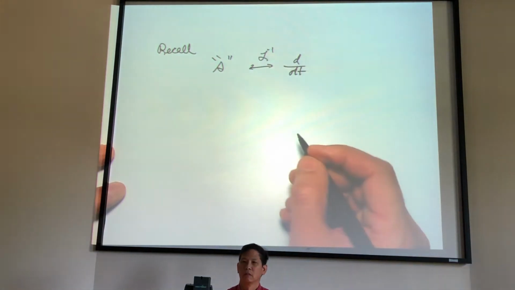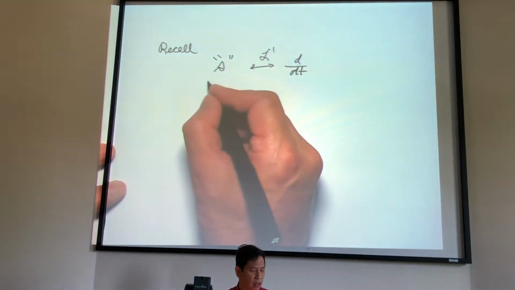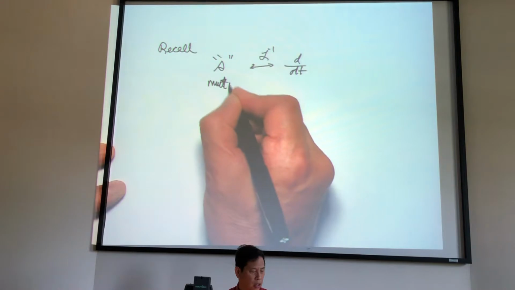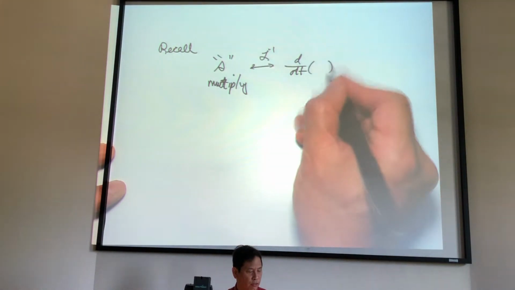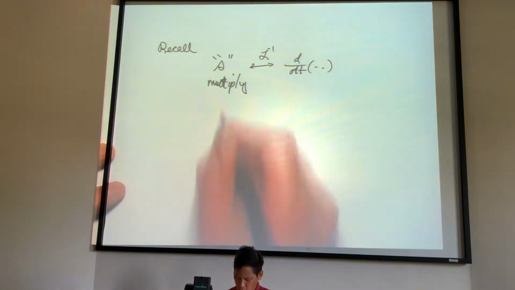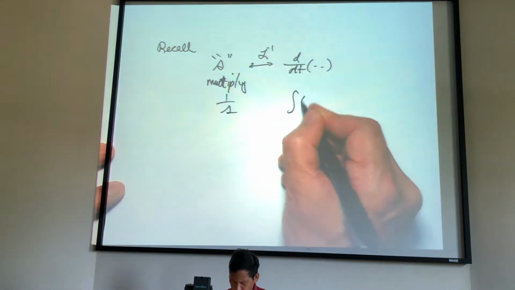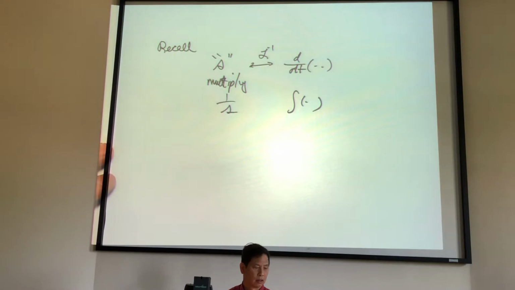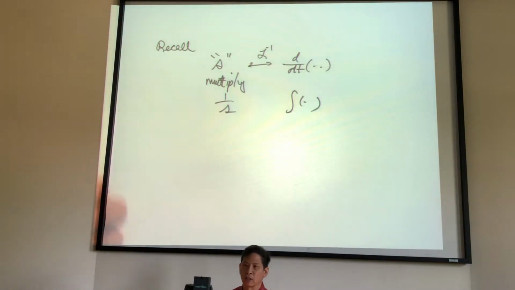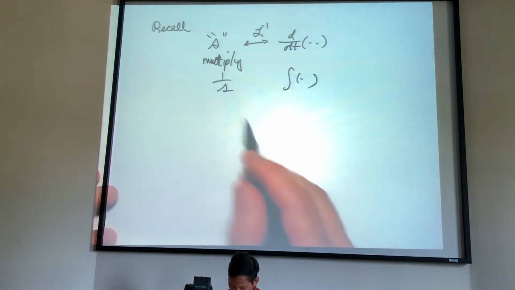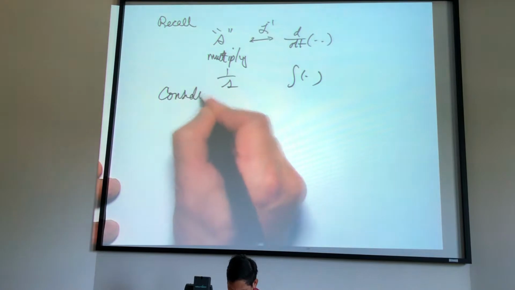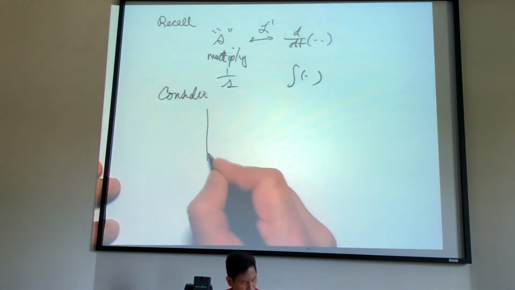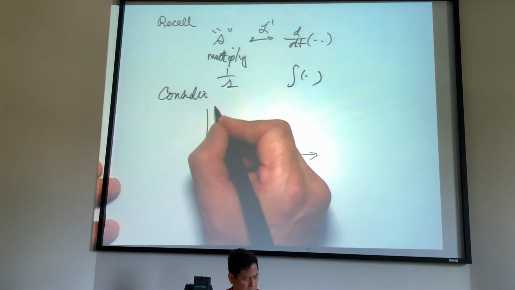In time, if we differentiate, it means multiplying by S. Multiplying by S means you're differentiating something. 1 over S means you're integrating something. So just keep this in mind. Okay, now let's take a look at the process of differentiation. Let's take a look at an example now. I'm going to draw a graph. This is distance or position.